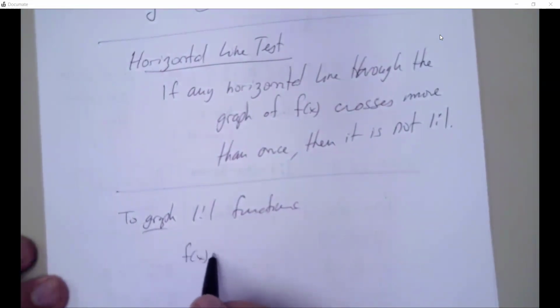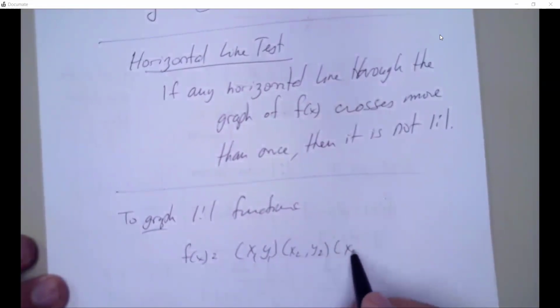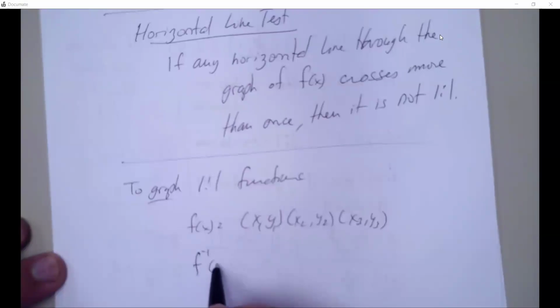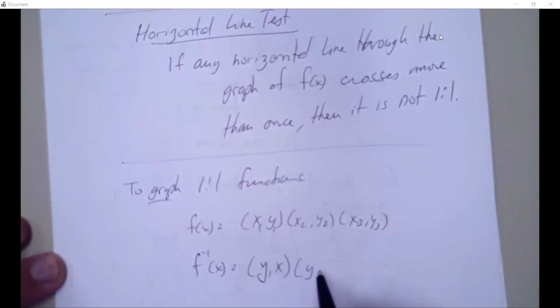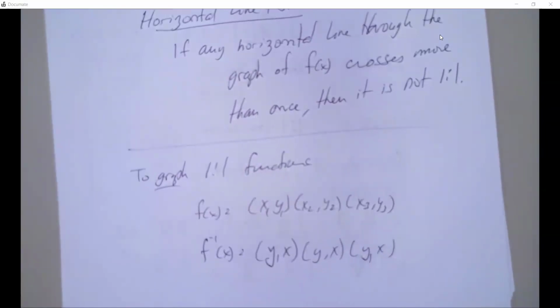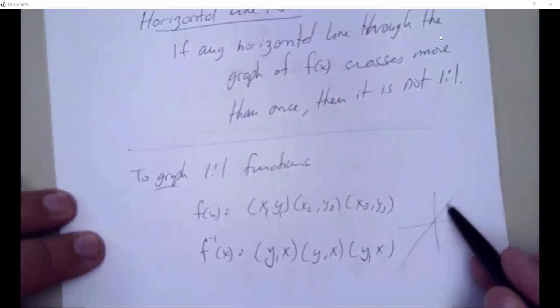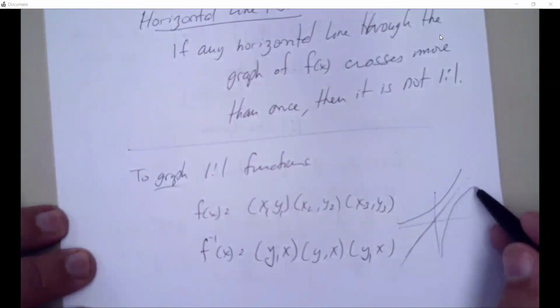So if I give you a function f of x, it's made up of all these points: (x1, y1), (x2, y2), (x3, y3). To graph the inverse, just switch the x's and y's. That's all it does. If you look at a diagonal line, the graph of this function and the inverse of it looks like this.